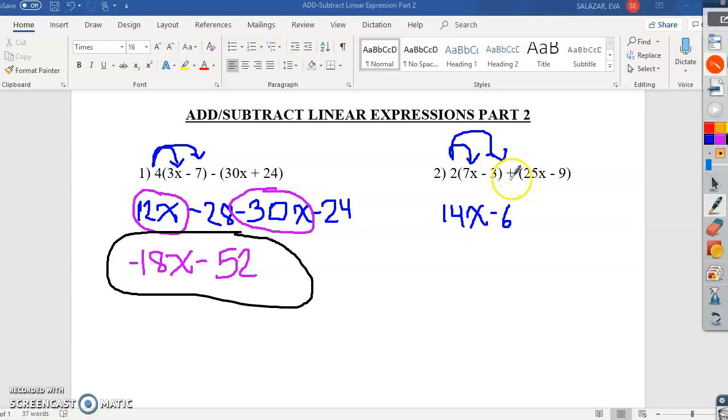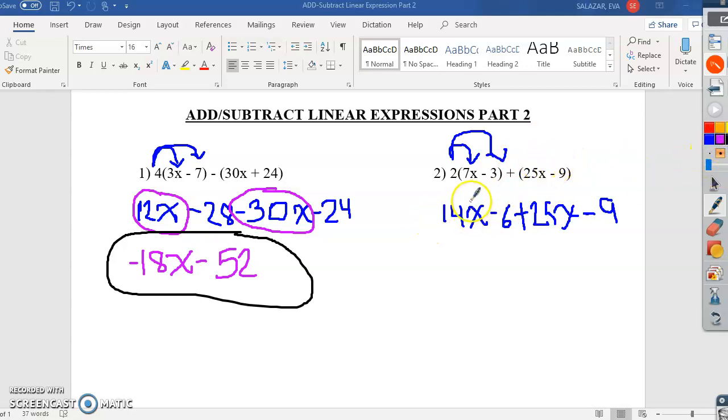A positive times a positive is obviously going to stay positive 25x. The only time it changes, to recap, is whenever you have a minus, like number 1. And a positive times a negative, notice, negative 9. So that plus didn't change anything with my second expression, so I kept it the same.